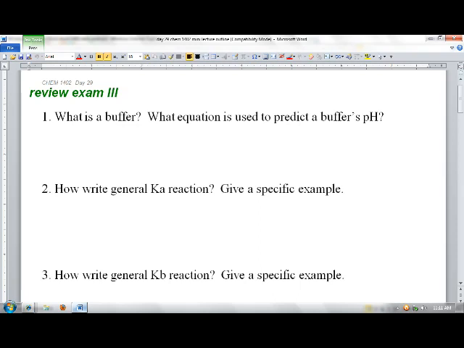So, Ka reaction. How do you write it? Let's pick on the next dude. How do you write a Ka reaction? Now, I want you to use the word conjugate in your answer.